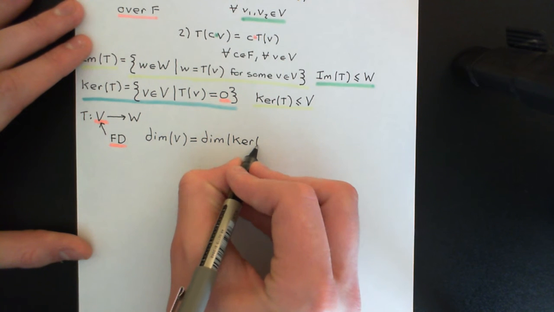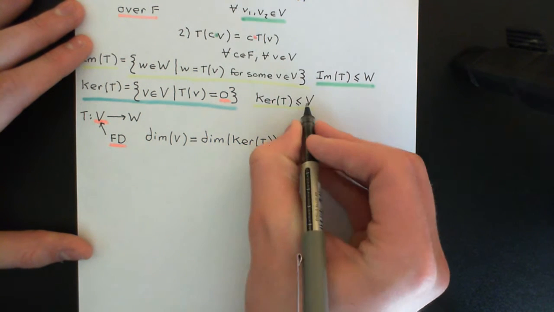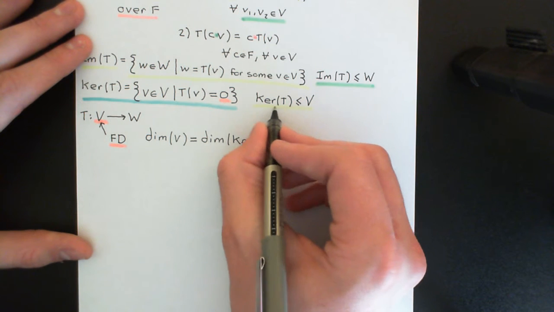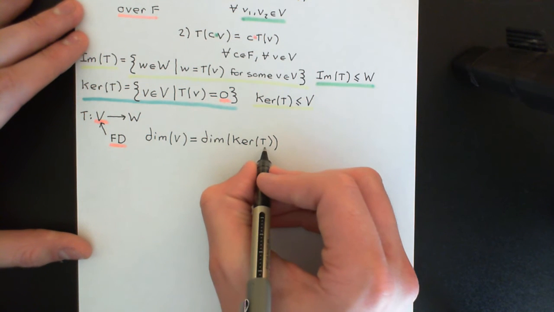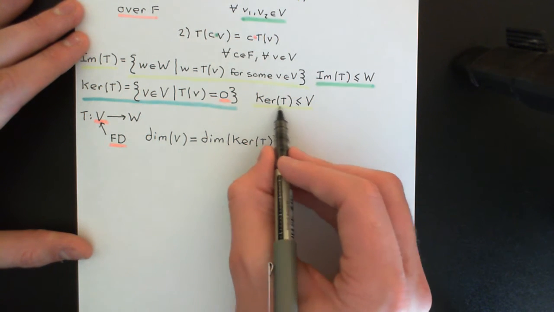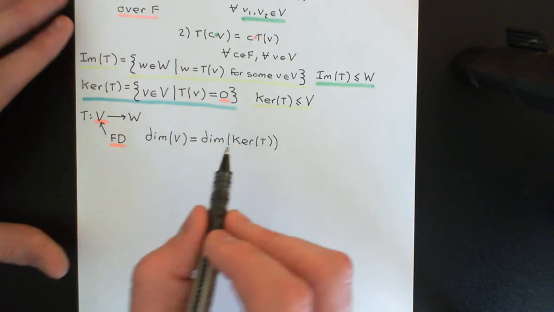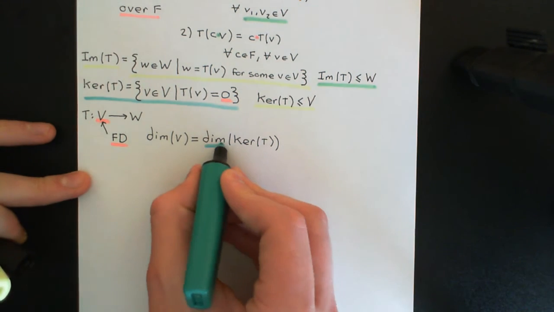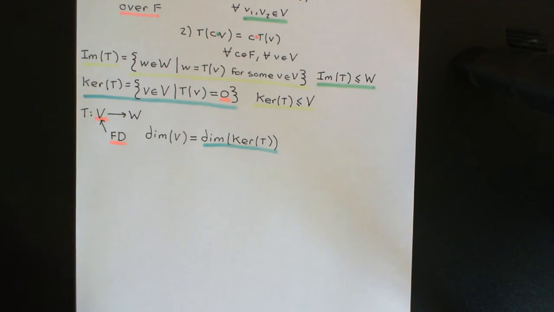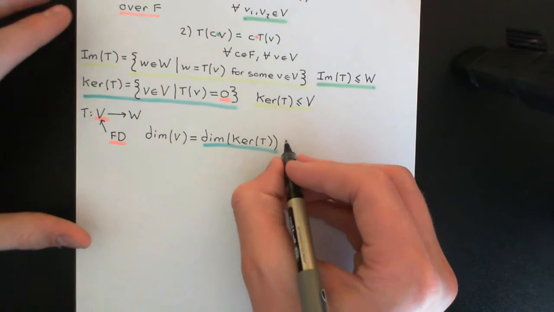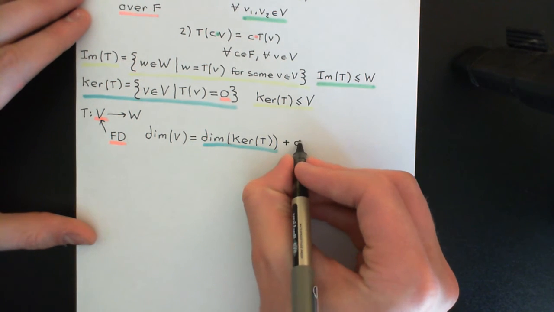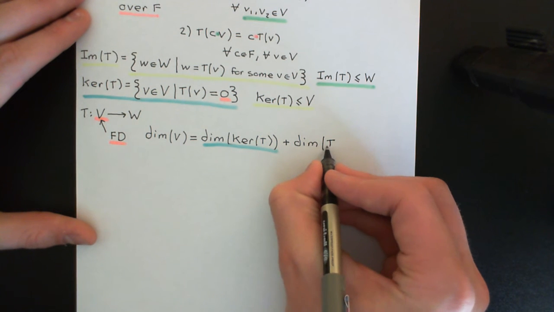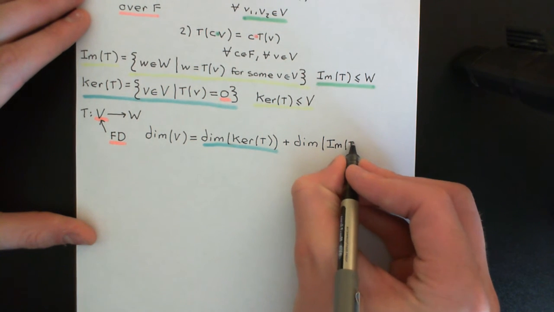Remember, the kernel of the linear transformation is a subspace of the domain vector space, so it means something to say the dimension of the kernel, because this is a vector space in its own right. So we can ask, what is the dimension of the kernel of the linear transformation? I'll underline that in turquoise here. Plus, it's not complete yet, so we have to add on to this the dimension, and you might like to guess what I'm about to write, the dimension of the image of the linear transformation.